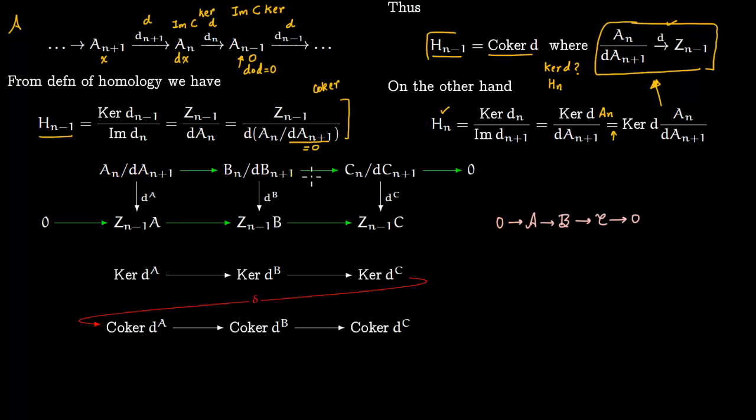So consider this diagram. This particular thing we already have shown. This corresponds to chain complex A. Corresponding to B, same argument, you will have this complex, and corresponding to C you will have this complex. What we have not shown is that these green arrows are exact.